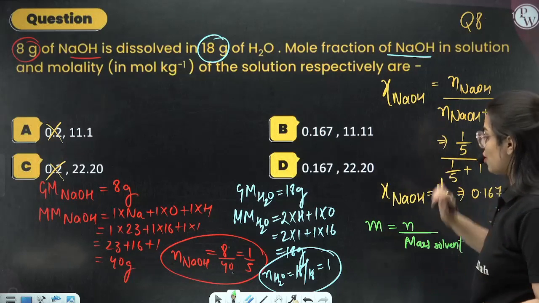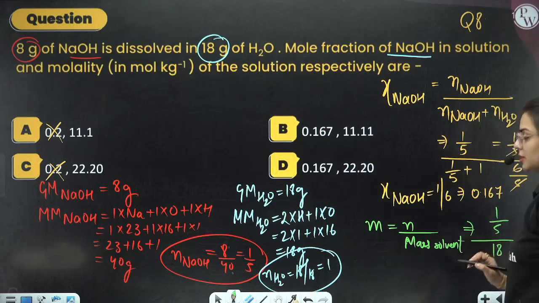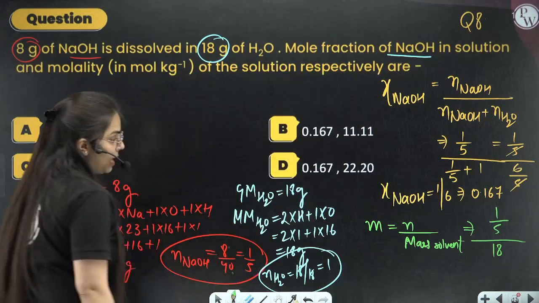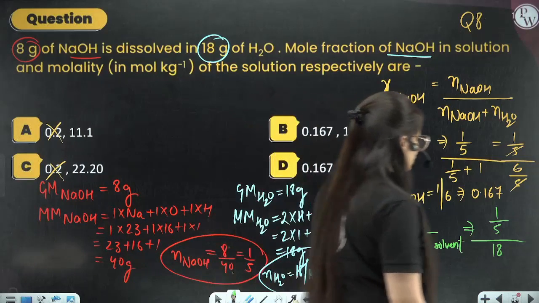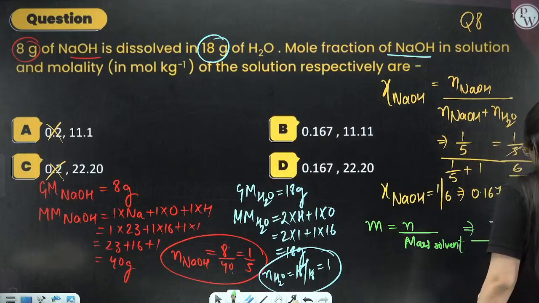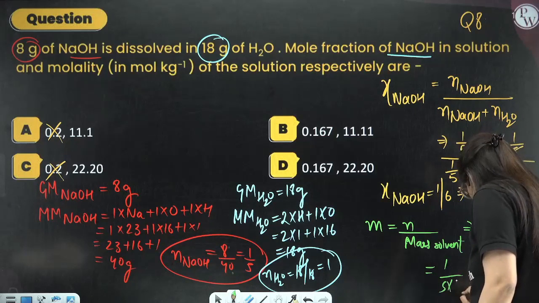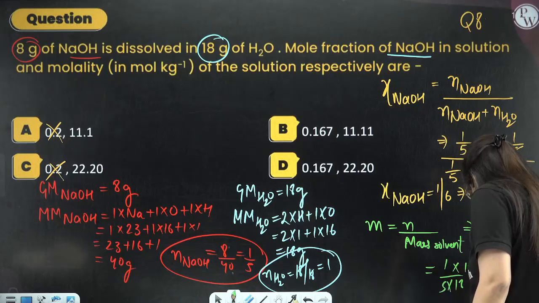What is the solvent? Water is the solvent. It is given in grams, so you need to find it in kg. So you will multiply by 1000. So it shall be 1 by 5 into 18 into 1000. You will multiply it. It shall be 200.